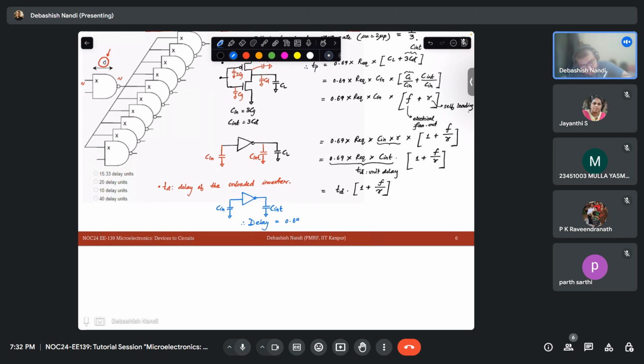This is nothing but 0.69 times R equivalent times C internal only, right? Because there is no load capacitance, it is unloaded. This is what we are defining as TD. So do you understand what this TD, or the unit delay, is?